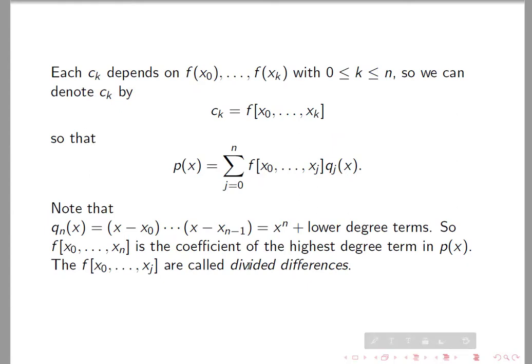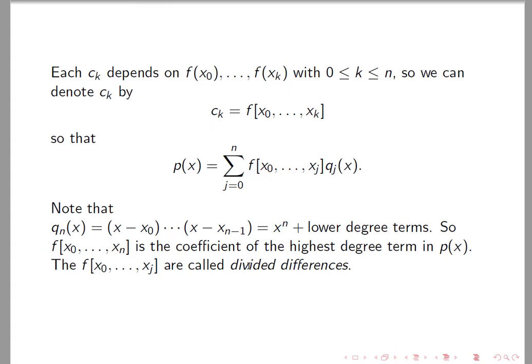So, for instance, each of the ck depends upon f of x0 through f of xk. It doesn't depend on all of my f values, but only on the values that appeared before this step.